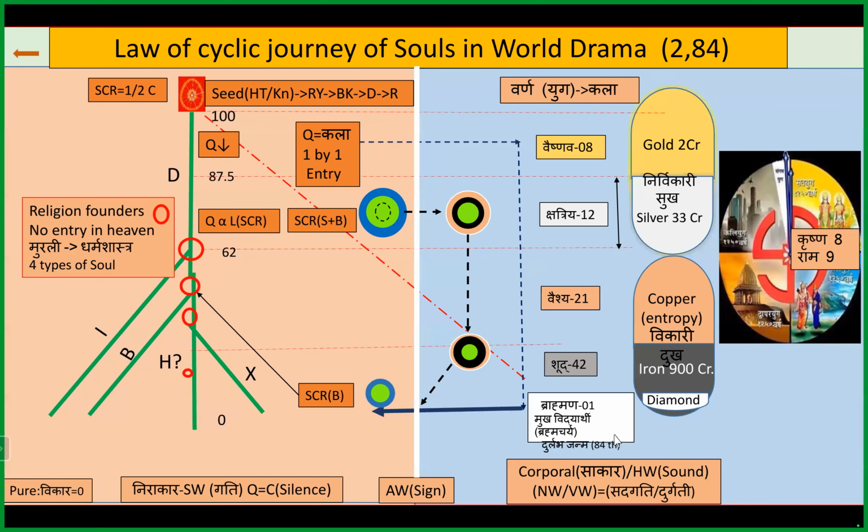So we say that the 84th yoni is very once in a while, but actually this is the real meaning of that. This is the diamond age, and every kalp is of 1250 years, and the total is 5,000 years. So each one is of 1250 years.